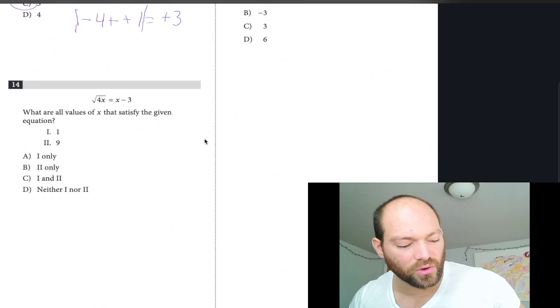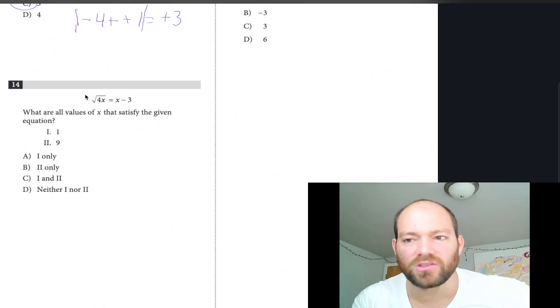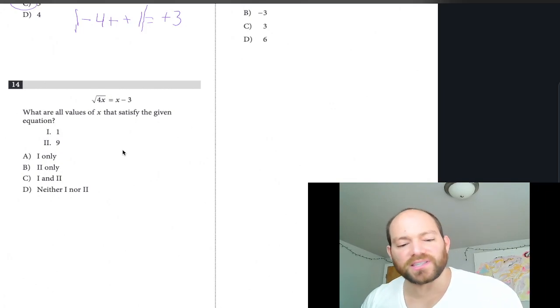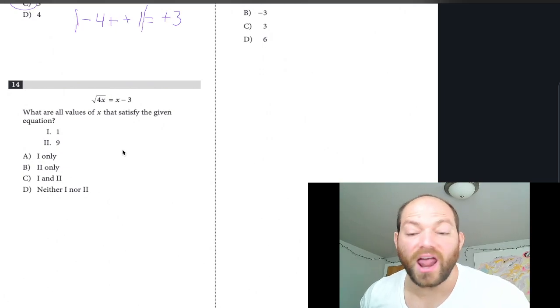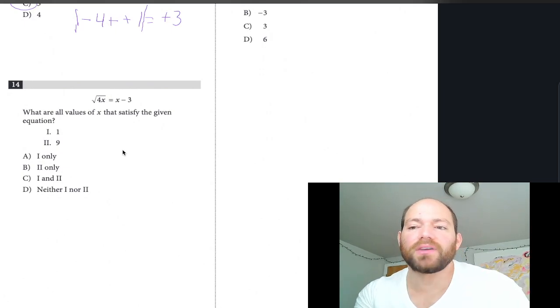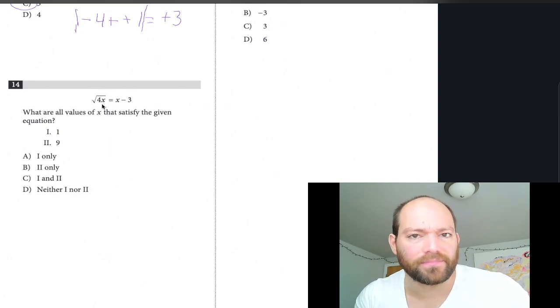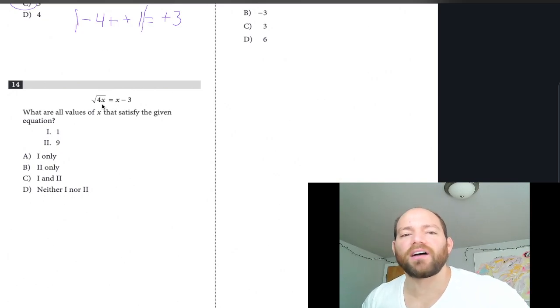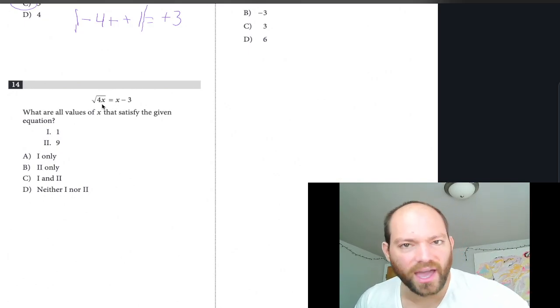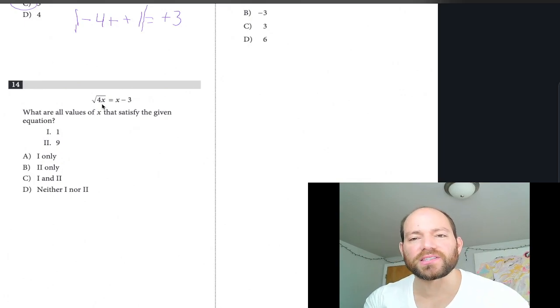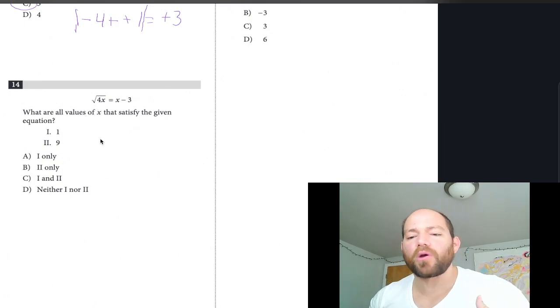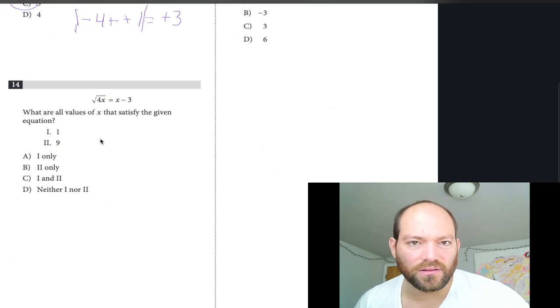Now, long story short, when they give you an equation with a square root in there, and you square both sides, you are fundamentally erasing an essential part of the equation, because there's certain stuff that's not allowed to happen under a square root. For example, you can't have a negative under a square root. But if we square both sides and erase this square root, we're erasing that restriction from the question.